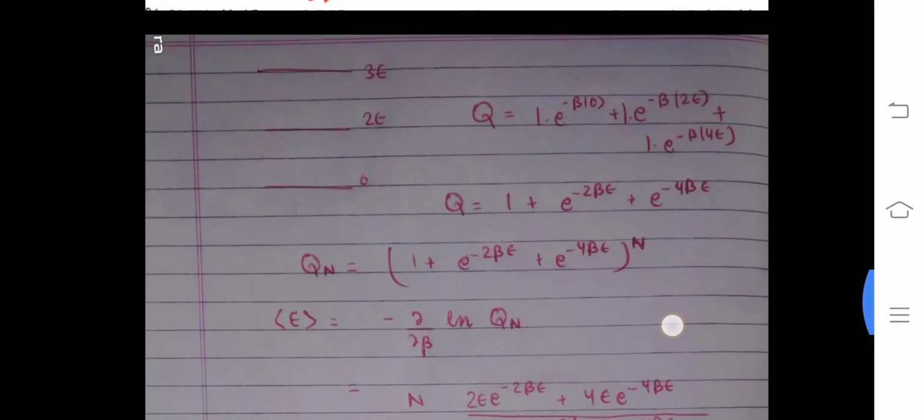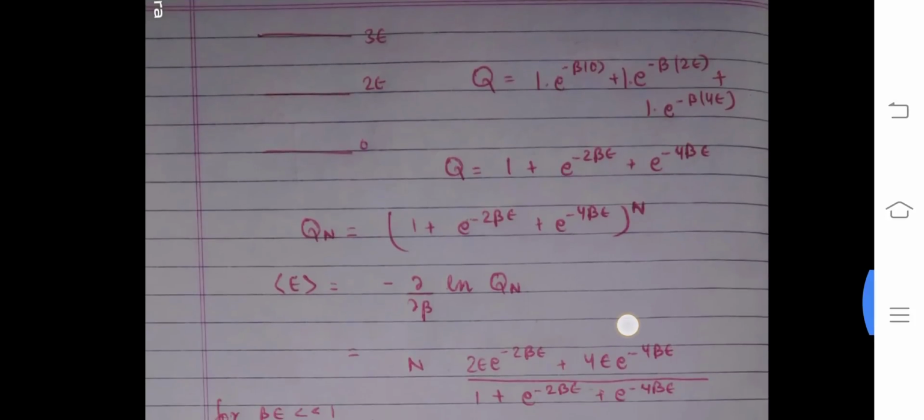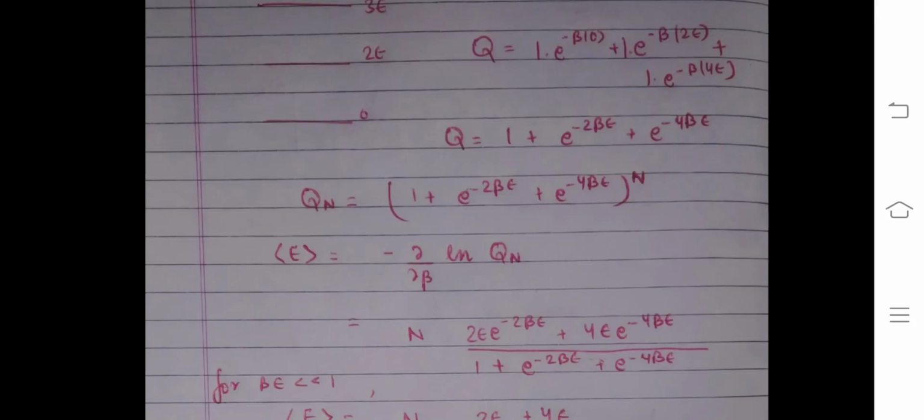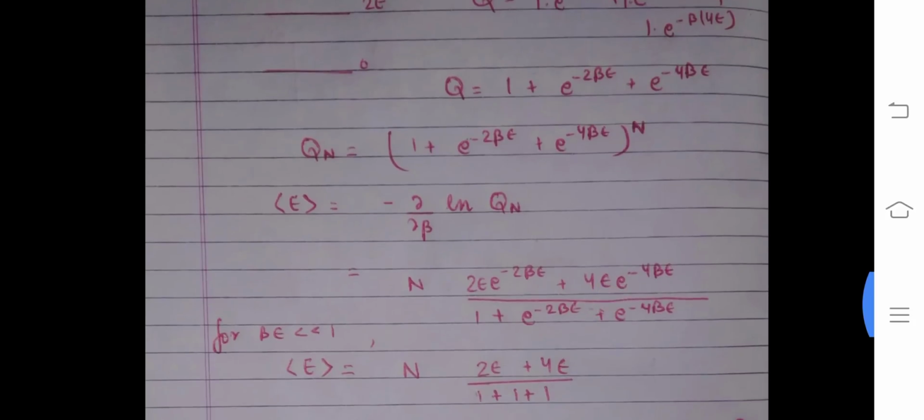If we find the partition function for n particles, then it would be 1 plus e raised to the power minus 2 beta e plus e to the power minus 4 beta e, where beta is equal to 1 by kT. The average energy of these n particles is given by minus d by d beta of natural log of qn.